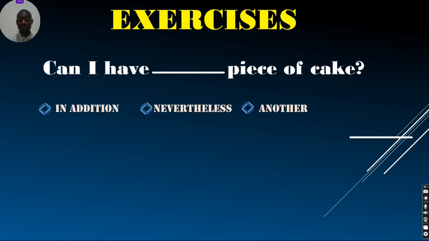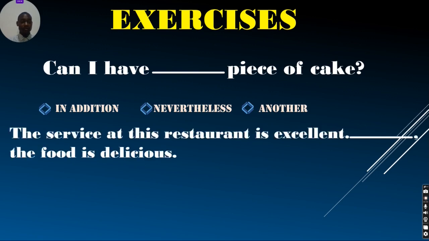Então faça este exercício. Next, we have here the service at this restaurant is excellent. Depois temos aí o espaço para preencher. The food is delicious. Ok? The service at this restaurant is excellent. The food is delicious.